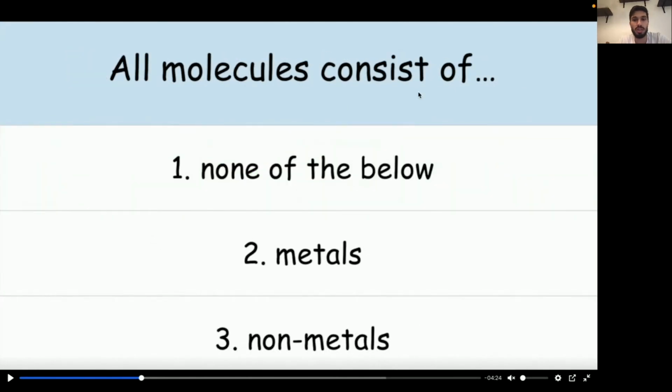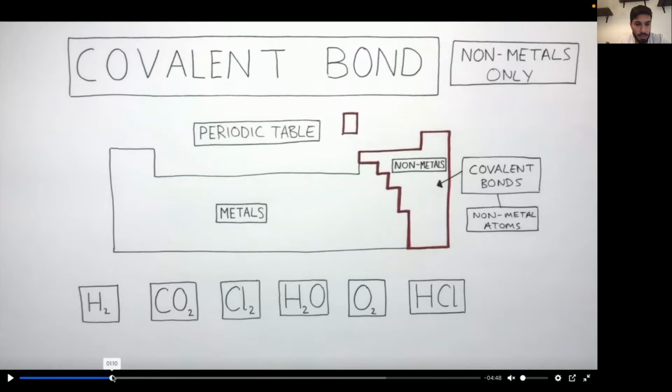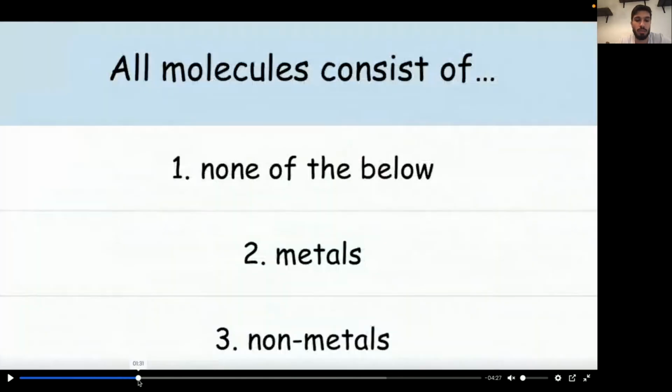All molecules consist of, something I never explicitly taught you. The true definition of a molecule is a substance where there are 2 or more non-metal atoms covalently bonded together. If we go back a step, these are all molecules because we've got 2 or more atoms covalently bonded together, and if they have covalent bonds, they have to be non-metals.